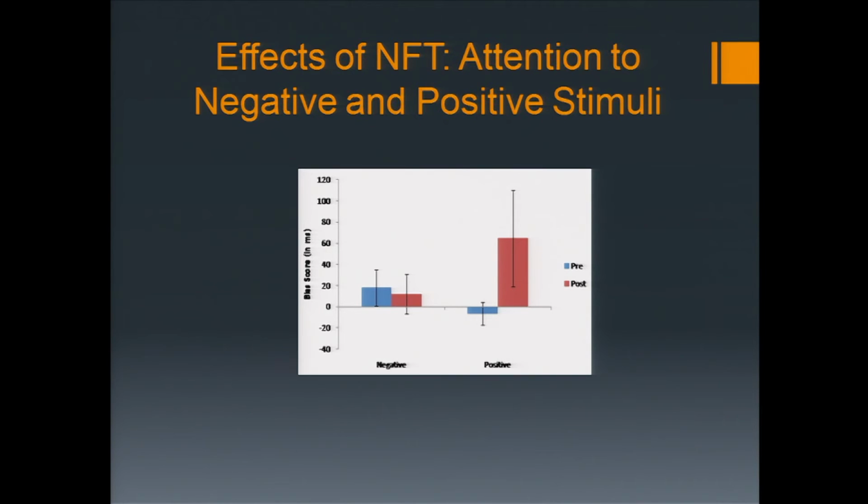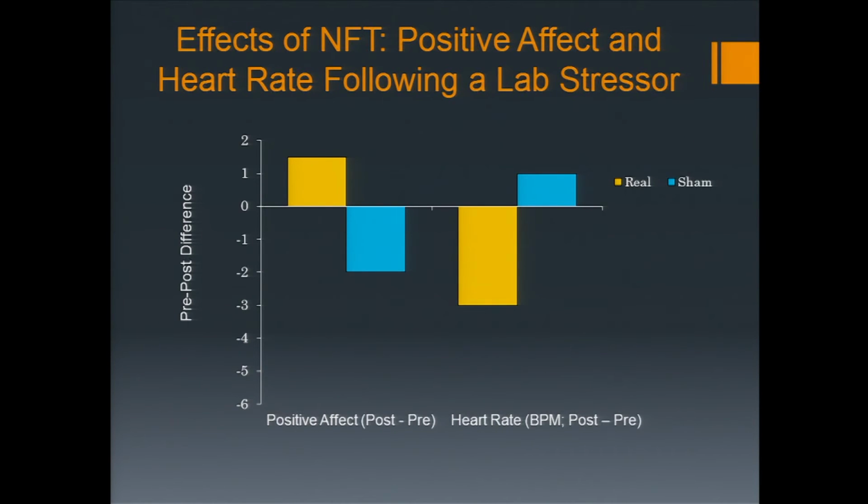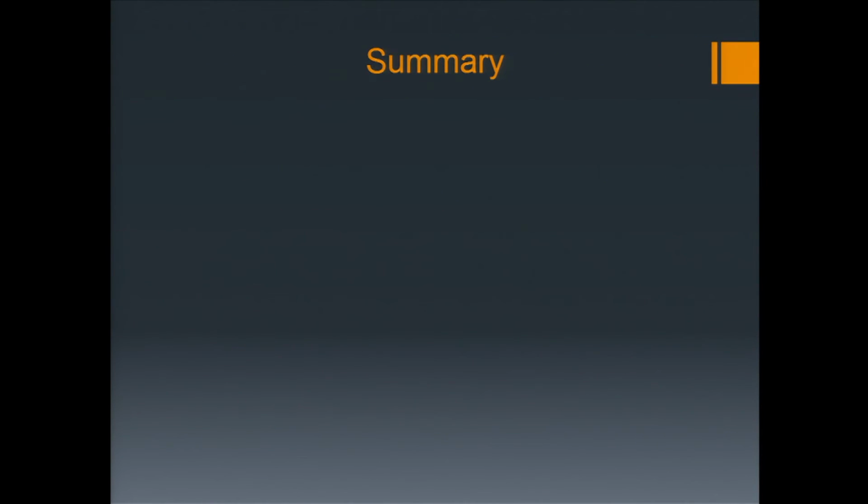They look just like the girls who got attention bias training, completely different girls, by the way. In the lab, we're finding similar effects that we found with attention bias training. We're finding an increase in positive affect. We're finding a decrease in heart rate to a stressor. We're just starting to analyze the cortisol data, but it's also looking very similar.